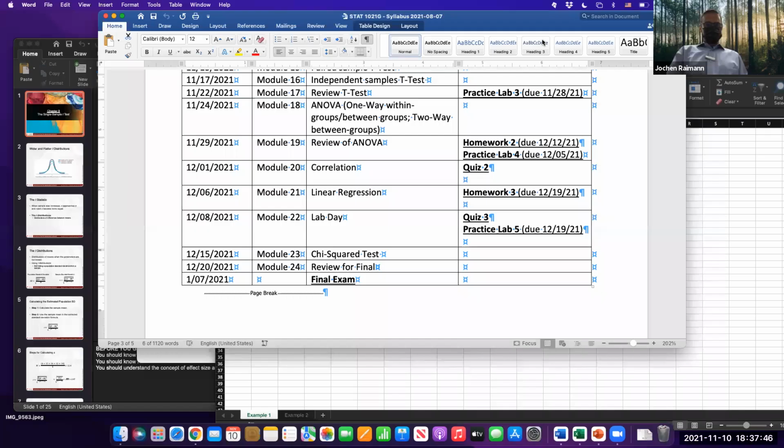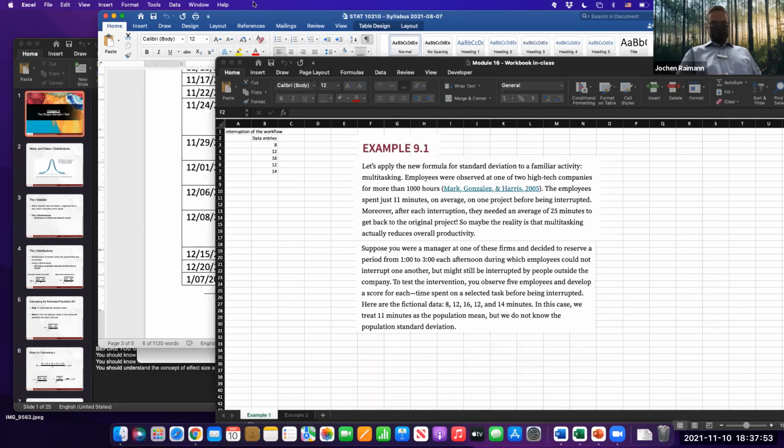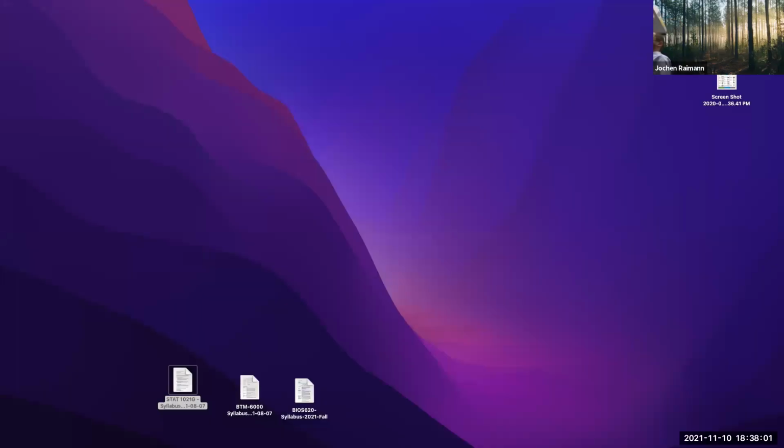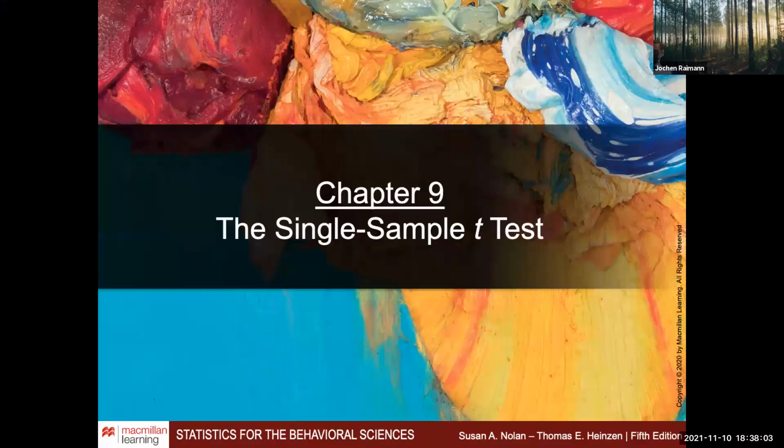Okay, recording now. So we're talking today about the single sample t-test, and this is a wonderful test that actually allows us now to do hypothesis testing without needing the standard deviation of the population. As you remember, we need to test the difference of the mean of a sample to the mean of a population. We do need the mean, the mu of the population, and we need the standard deviation of the population.